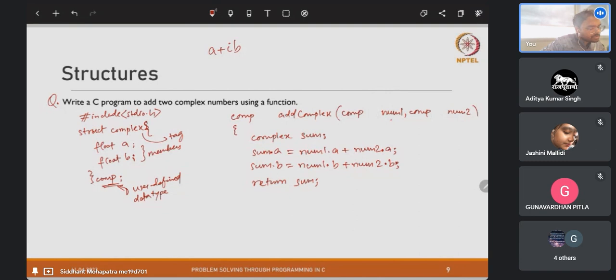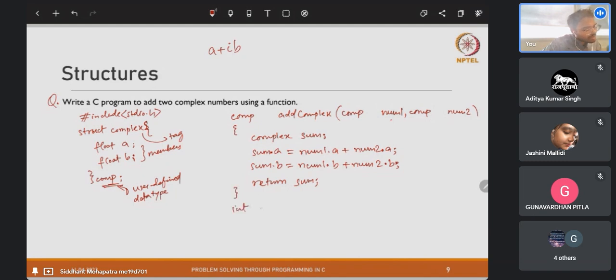So I write comp, and the rest is done. Otherwise I would have to write struct complex for all of this. So just to save me that pain, I have defined this as a data type, and I am using that.